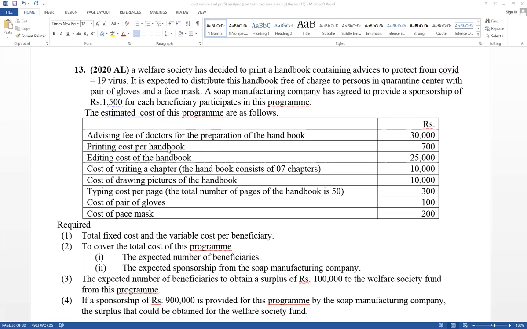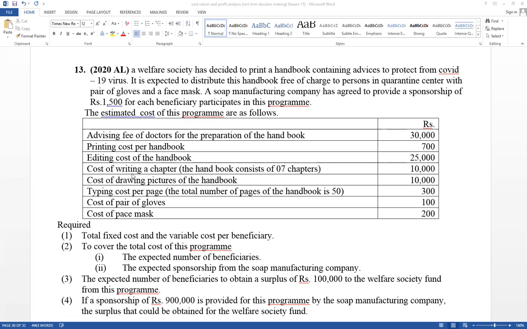If it is given per handbook, one is given to each person. Therefore, printing cost per handbook is a variable cost. And editing cost of the handbook does not vary with the number of quantity. Editing is not done separately for each copy. Therefore, editing cost of handbook is a fixed cost.